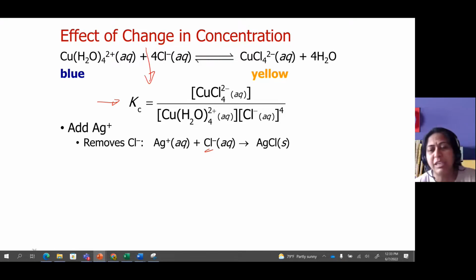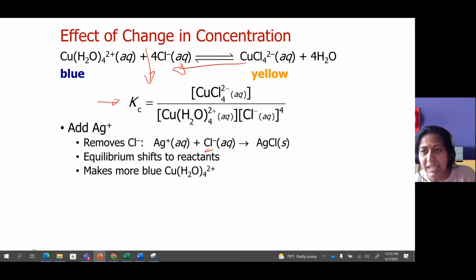So addition of the Ag+ silver ions actually reduces the concentration of the chloride ions. Does the system like this? No. What does the system want to do? Yes, it wants to make more chloride ion. Then what does it have to do? Yes, it needs to make more reactants. So the equilibrium shifts towards the reactants, making more blue complex.